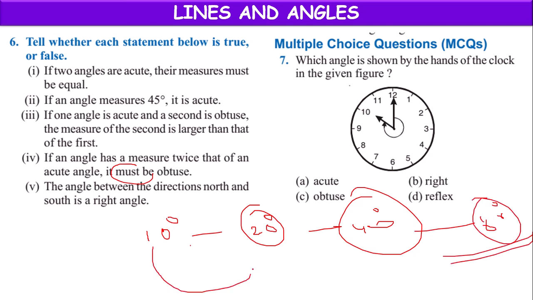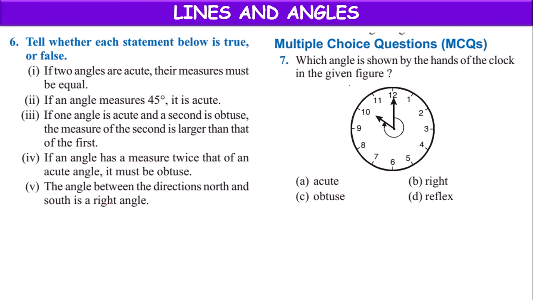So twice of an acute angle may or may not be obtuse. If you take an 80 degrees acute angle, then twice of 80 degrees is 160 degrees, that is obtuse. So it may or may not be, but they have given must be. So it is false.